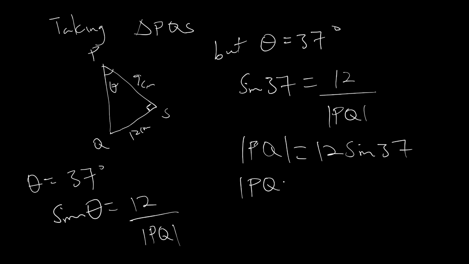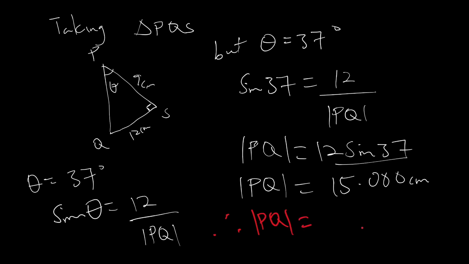So PQ, when you punch this on your calculator, it should give 15.000 centimeters. So therefore, line PQ is equal to 15 centimeters. Okay, so that brings us to the end of question 3.